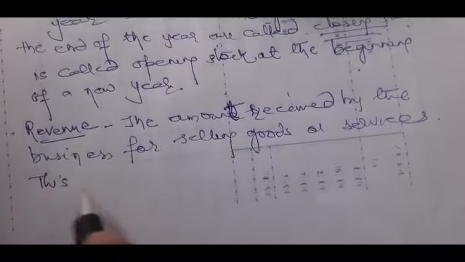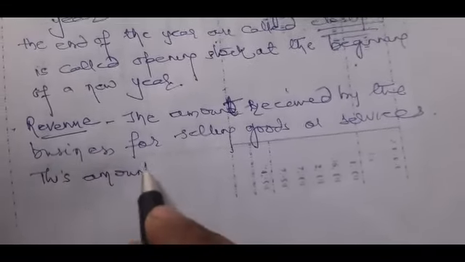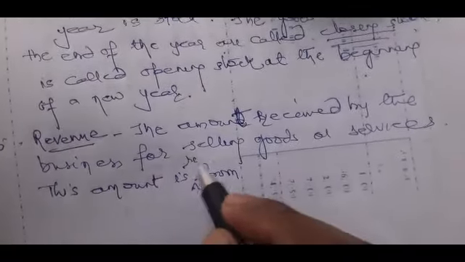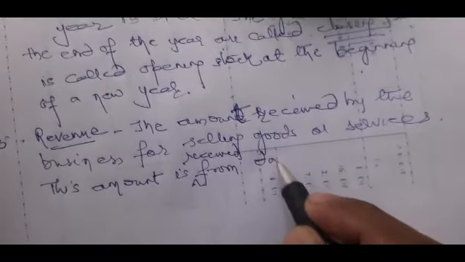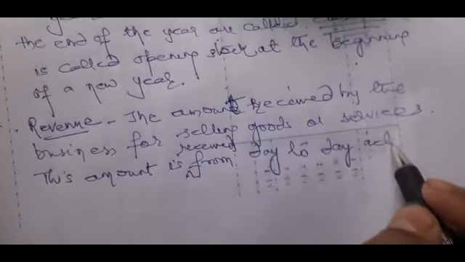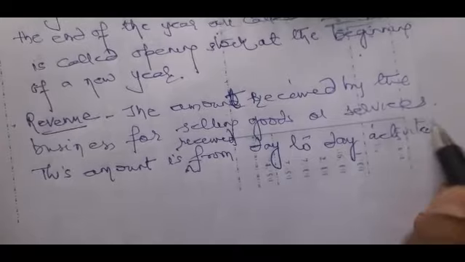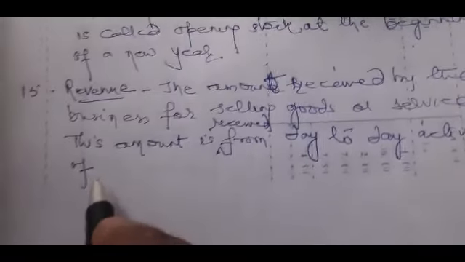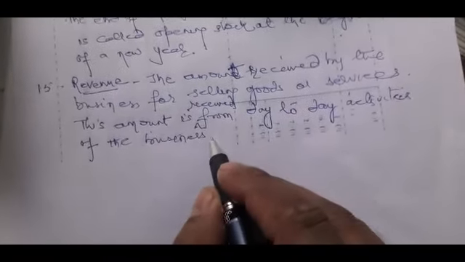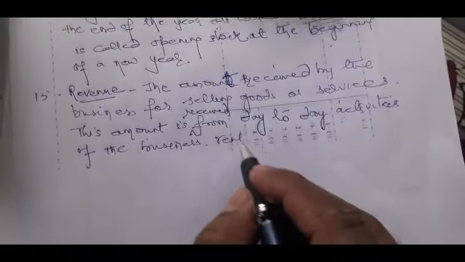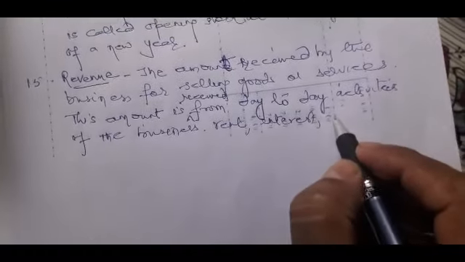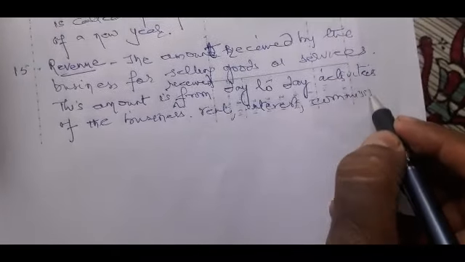This amount is received from day-to-day activities of the business. And this revenue may be in the form of rent or interest, commission, discount, etc.